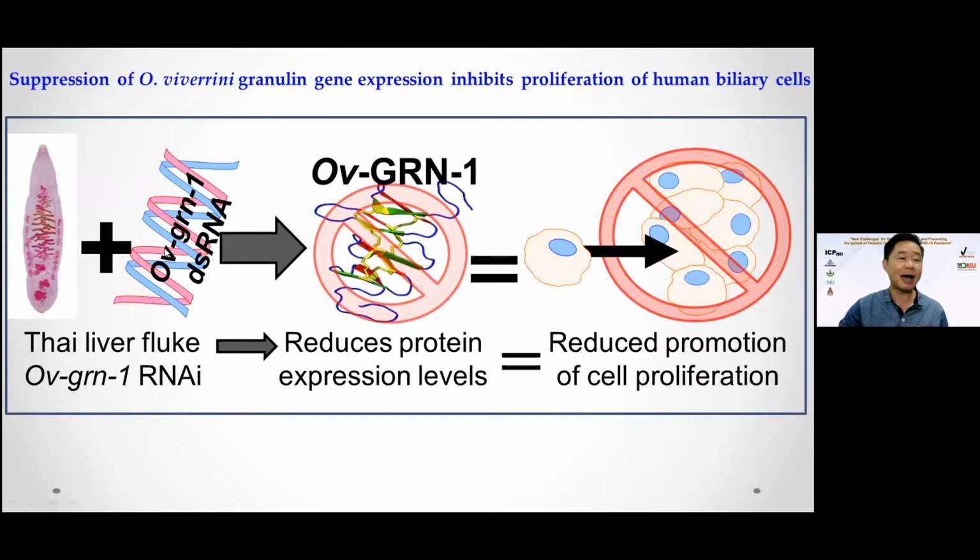And we found that Granulin 1 plays a role in cell proliferation, which is one of the major parts of the pathology of OV-induced cancer. So we hypothesized that if we block Opisthorchis Granulin 1 using RNAi, we will reduce cell proliferation.